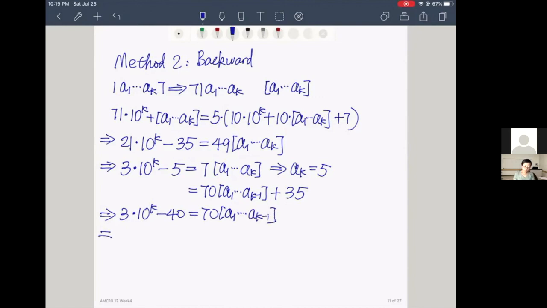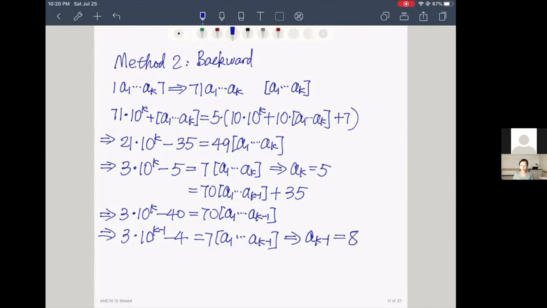Now we can simplify by dividing by 10 on both sides. The left-hand side, we have a number that ends at 6. The right-hand side is a multiple of 7. Which digit times 7 gives you something ending in 6, which is 8, because 7 times 8 is 56. So this tells you that AK minus 1 is 8.